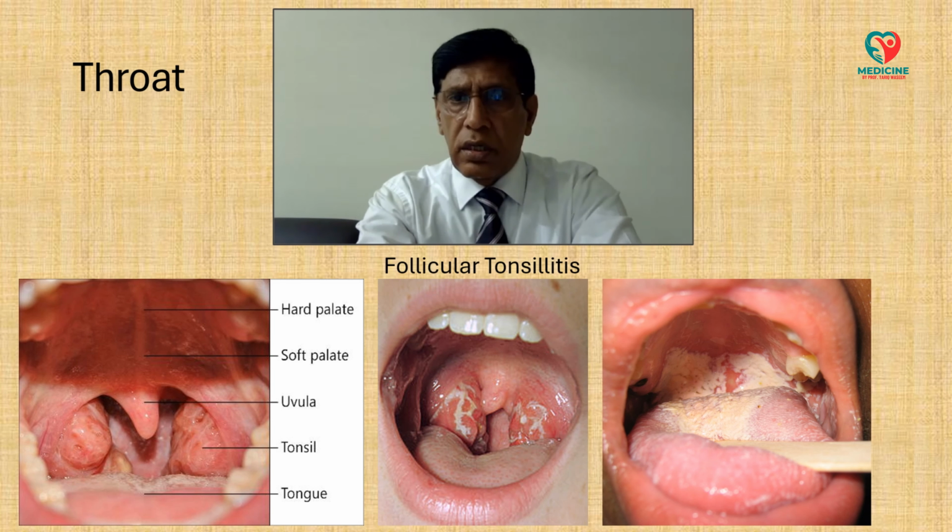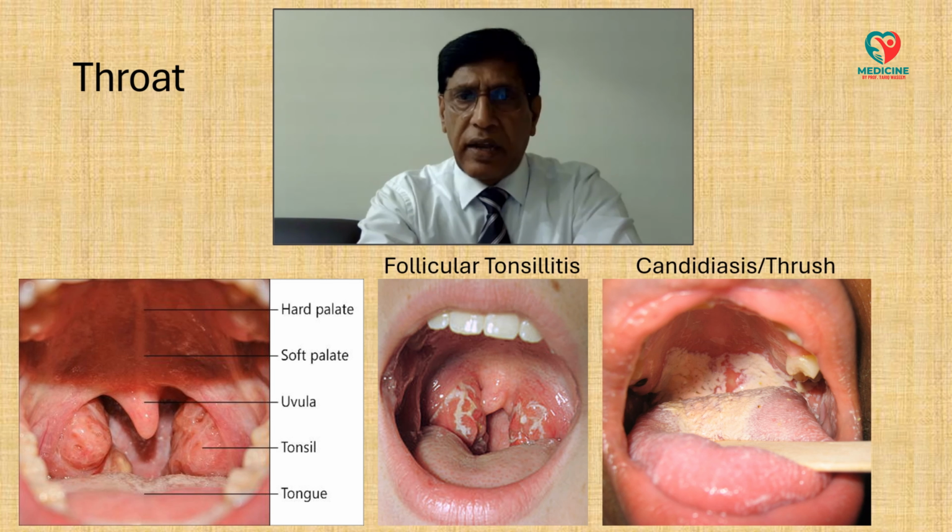Notice this person's tongue as well as palate covered with crusting whitish curd-like material. This is oral thrush or candidiasis, and can be a manifestation of immune deficiency. It usually appears in patients associated with HIV or other immunodeficient states or prolonged steroid use.